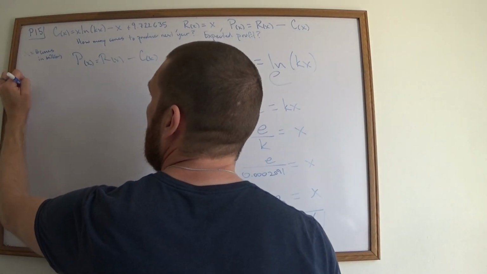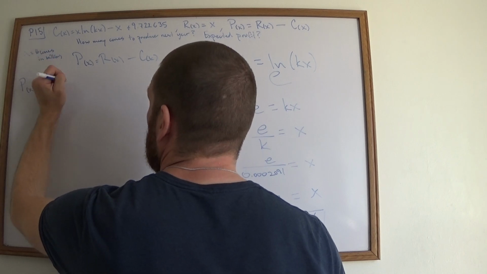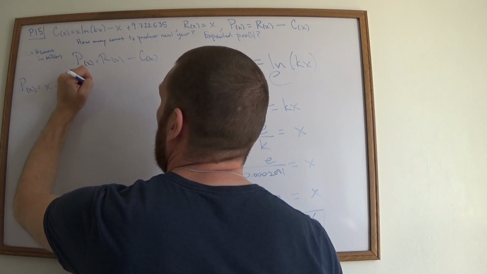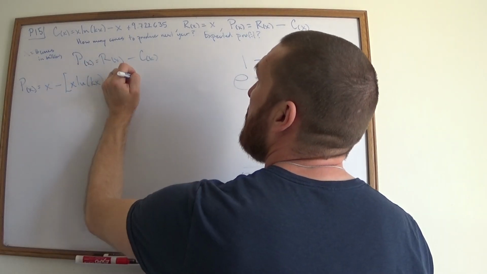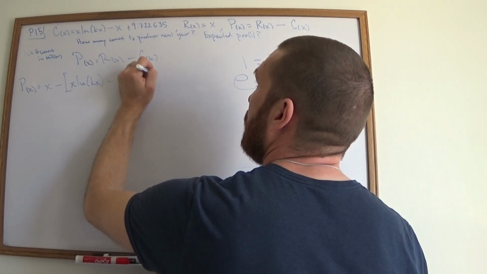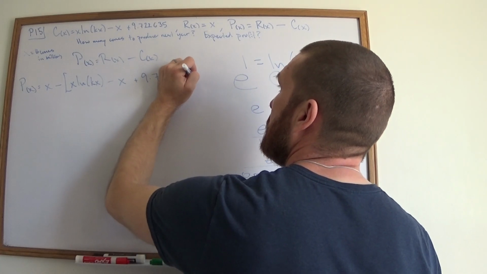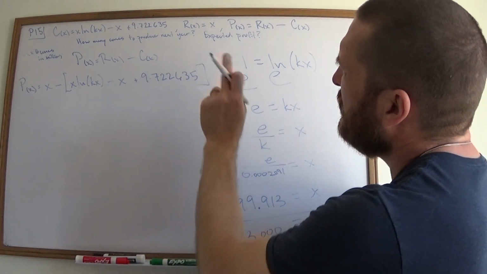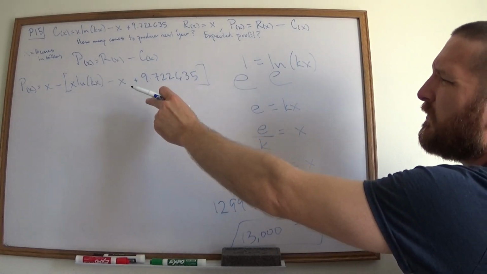So we have p of x is equal to x minus x log kx minus x plus 9.72263. When I did that a minute ago, did I distribute that into everything? I don't know if I did.